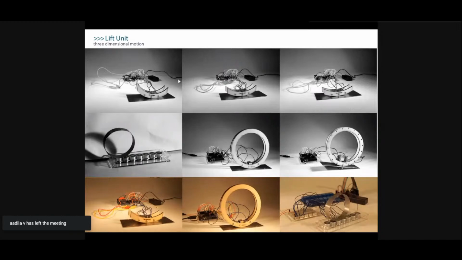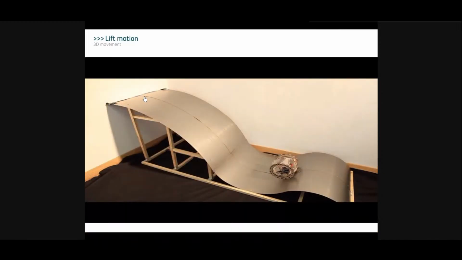There were so many failures while doing this, and it took almost 6 months to develop a working prototype. So these are essential parts for the lift. This is the final working prototype.